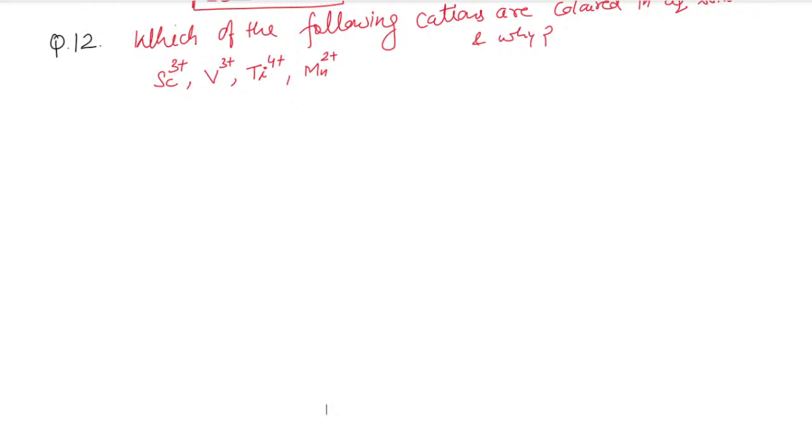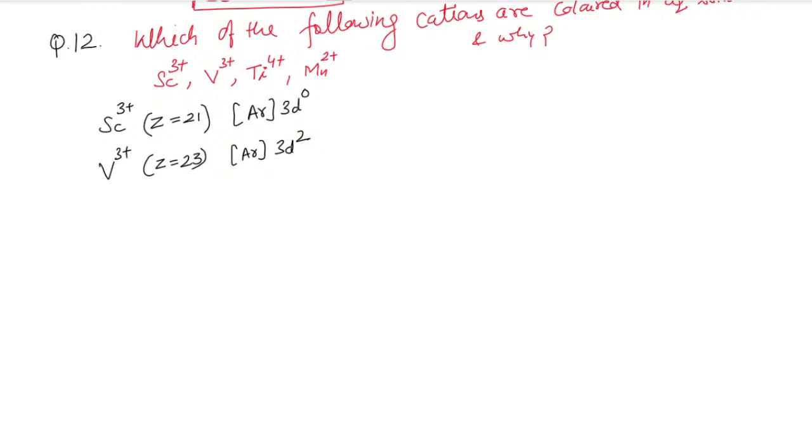To identify which are colored, first of all, we should write their electronic configuration. Scandium atomic number is 21. It has configuration of argon only, 3d0. And vanadium 3+, Z is 23, so it is 3d2.